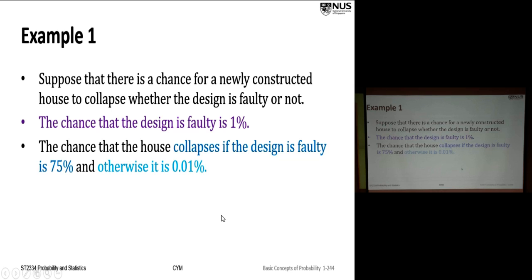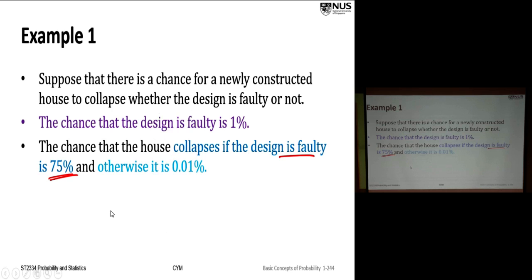If the design is faulty, wow, it still can survive. So the collapse chance is only 75%. Otherwise, if the design is okay, only 0.01% will collapse. All right? So what does it mean?